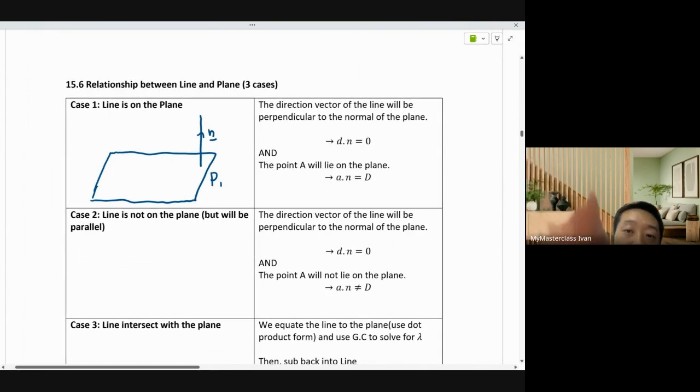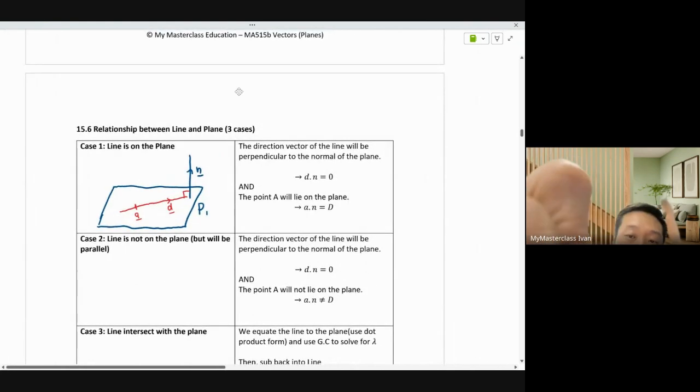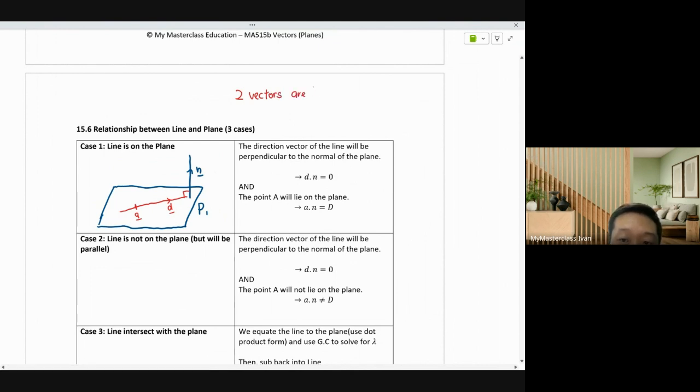Okay. So remember, a line will have a point, so this is A, plus a direction. So if a line lies on the plane, firstly, can you see then the normal will be perpendicular to the line. Okay. So remember, on top, I want you to write down, if two vectors are perpendicular, what was the concept? Cheng-En, can you remember or not?